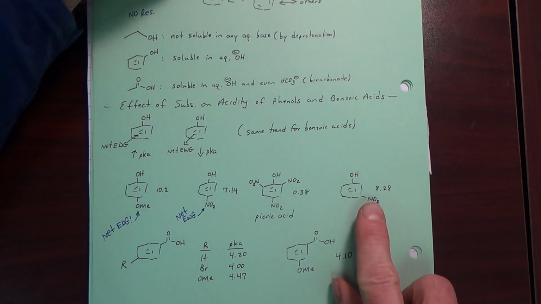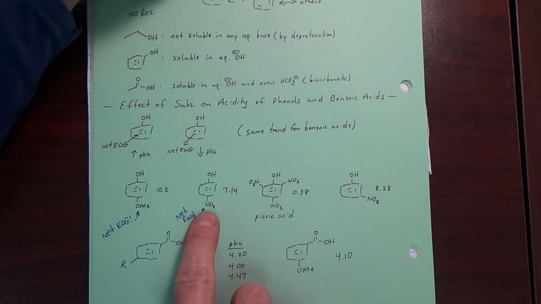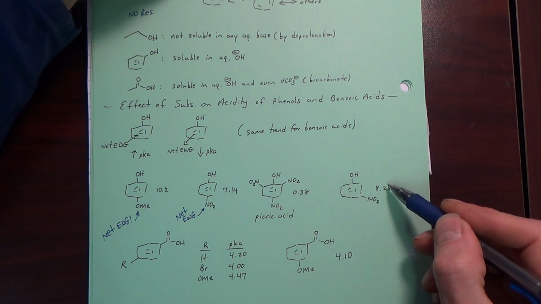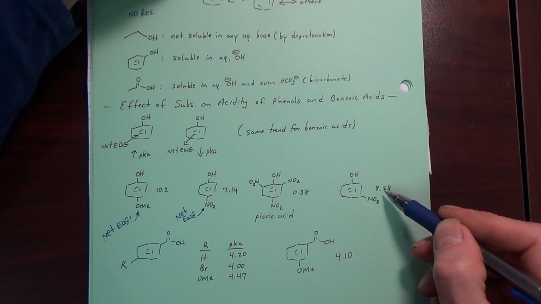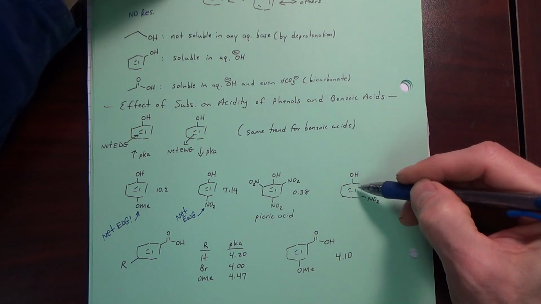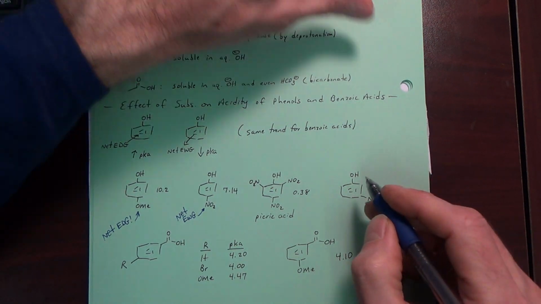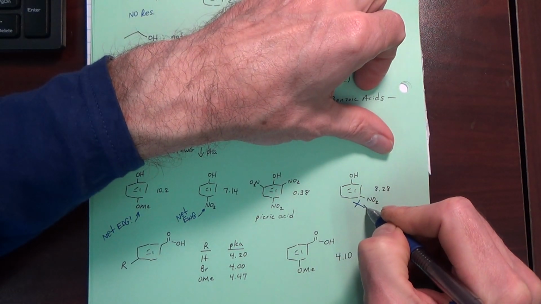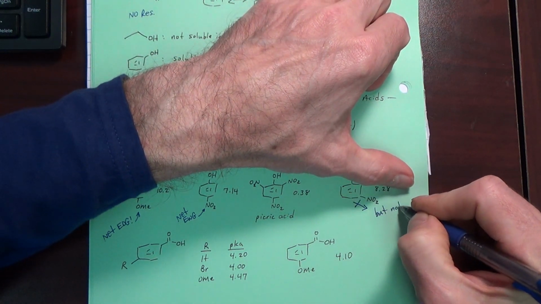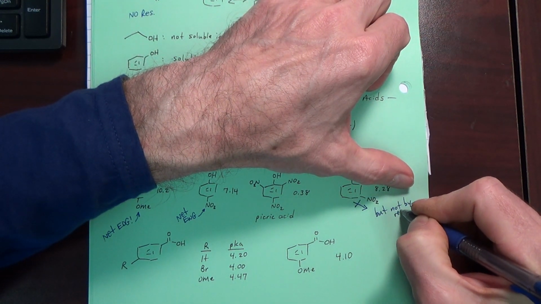You should look at that for practice, drawing such resonance structures. Now let's compare this molecule to the para. Meta-nitrophenol, not quite as acidic. That's because here it withdraws inductively, but not by resonance.